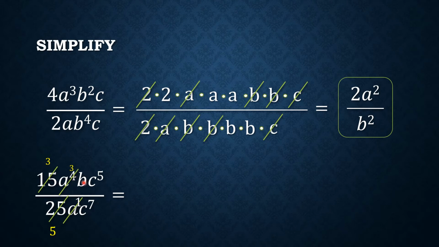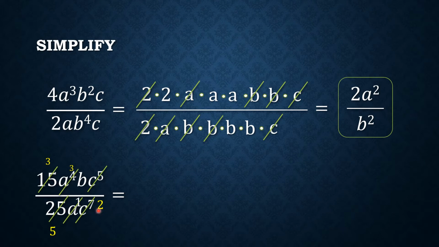Next, yung b. Mapapansin na wala namang common si b. Wala siya sa ilalim. So, sulat lang, stay lang siya dyan. And then c raised to 5 and c raised to 7, parehong c. So, in this case, ibabawas natin siya dun sa baba kasi mas mataas yung 7 kaysa kay 5. So, cancel na ito dahil ibabawas din natin sa ilalim.